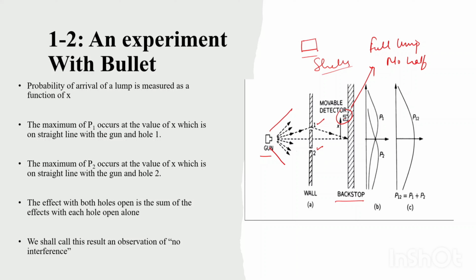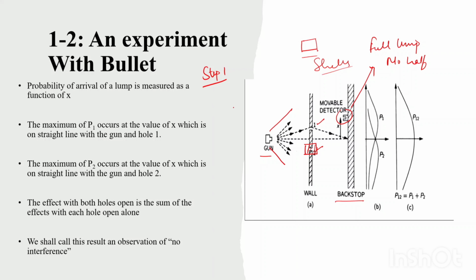Now in step one, we close hole 2, and all the bullets that are now fired will pass through hole 1, and some of them will be detected by this movable detector, but others will fall on the backstop.